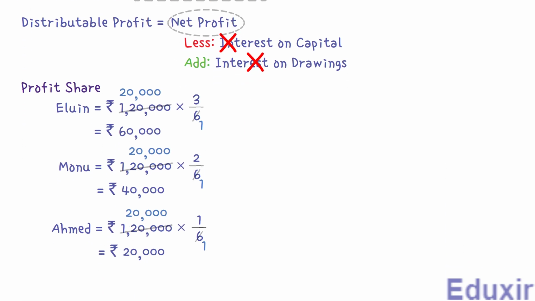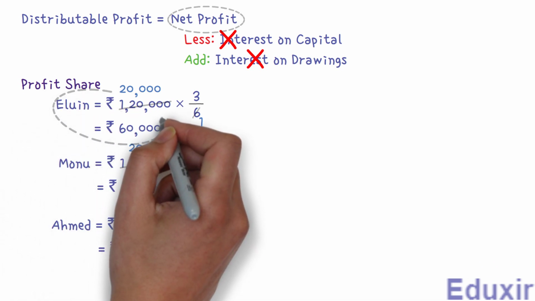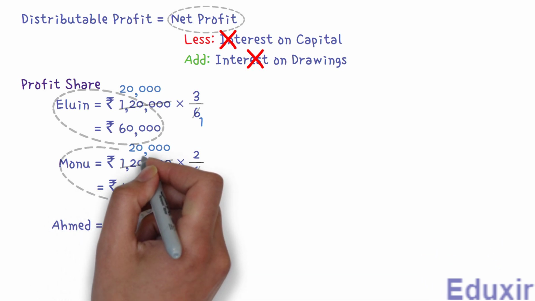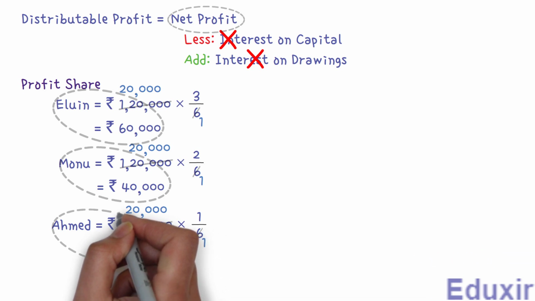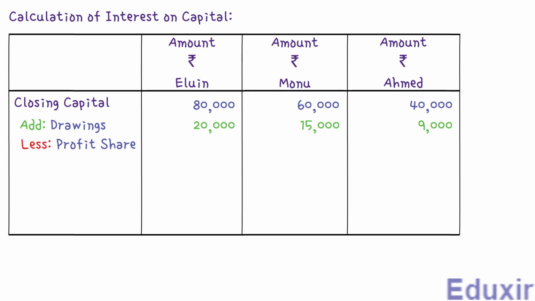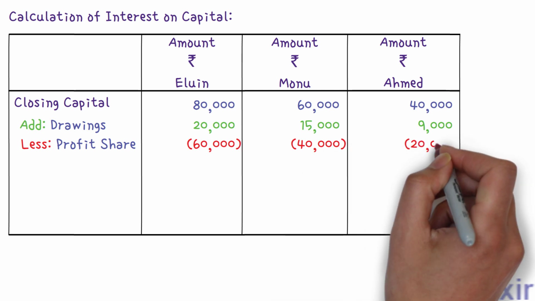And as we have just now calculated, the profit share of the partner Eluin is 60,000 rupees, the profit share of the partner Monu is 40,000 rupees, and the profit share of the partner Ahmed is 20,000 rupees. So, let's write less profit share: 60,000 rupees, 40,000 rupees, and 20,000 rupees.